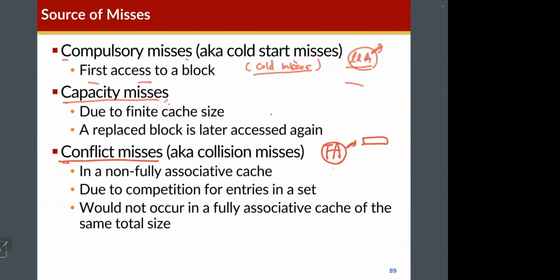But if we use a set associative cache or a direct mapped cache, we can observe that the miss rate increases because of limited associativity in the cache. So conflict misses mean that because of limited associativity, cache misses can increase.